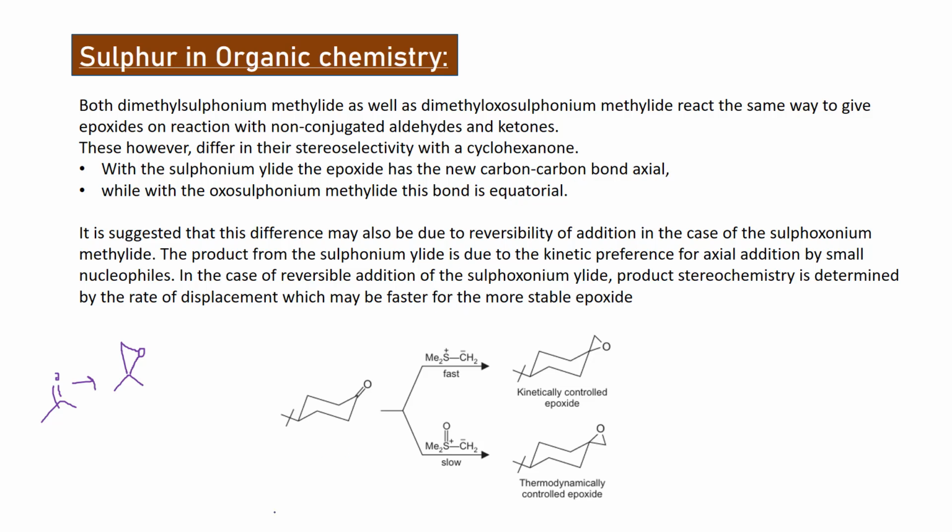Now if you add this type of ylide to a different type of substrate, like this cyclohexanone, what will happen with the two different ylides? If it is the sulfonium ylide, it forms a new carbon-carbon bond and prefers to attack from the axial side.